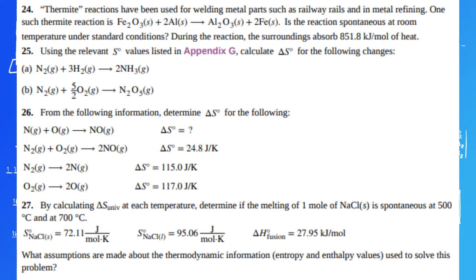I forgot. S values for elements in their naturally occurring state is not necessarily 0. You might recall from video number 6 that we defined the heat of formation for an element in its naturally occurring state to be 0.